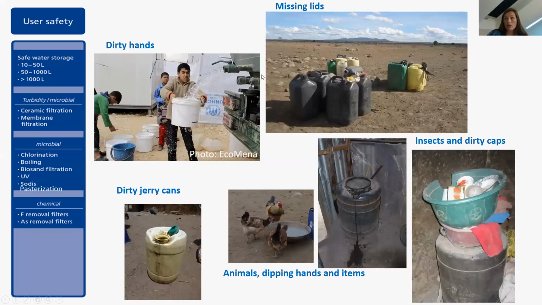A very common way is that while collecting water, dirty hands can be dipped into the water. There are jerry cans with missing lids where contamination can come from above. The jerry cans themselves can be very dirty. Animals, or dipping hands or items into the containers, can lead to contamination. And finally, insects or dirty cups which are stored somewhere, or even used to fetch the water from the container, can be a big problem.